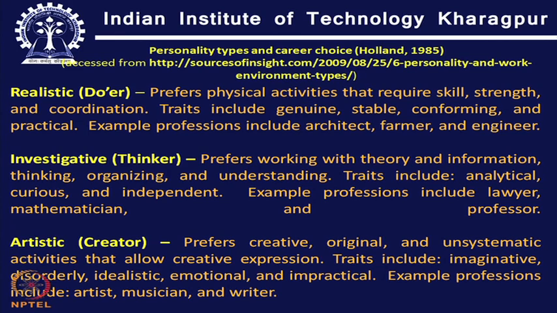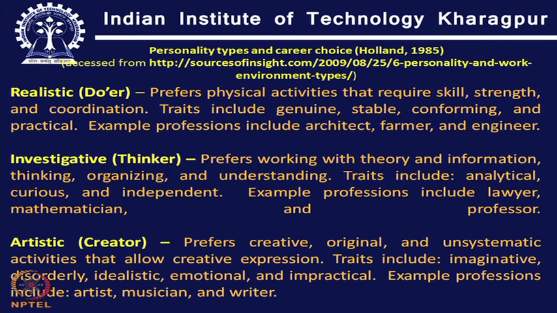Investigative is a thinker type of occupation which prefers working with theory and information, thinking, organizing and understanding. The personality traits include analytical, curious and independent. The examples of professions could be lawyer, mathematician and professor.